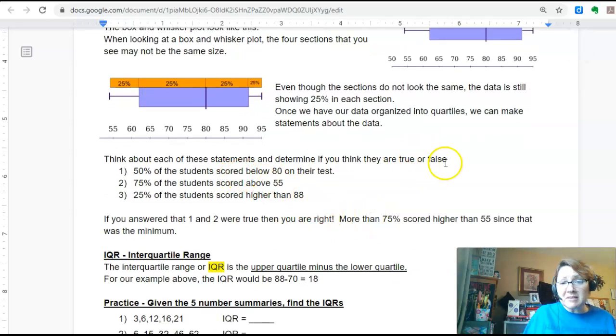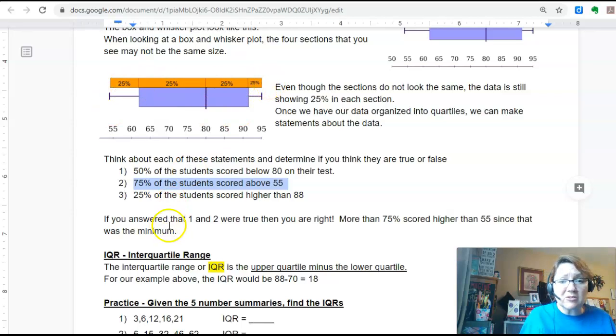So when you think about the statements, you think whether they're true or false. 50% of the students scored above 80. Well, here's 80, and wait a minute, 25 and 25, that's 50, so that must be true. 75% of the students scored above 55. Well, here's 55. Well, no, that's almost like 100%, right?